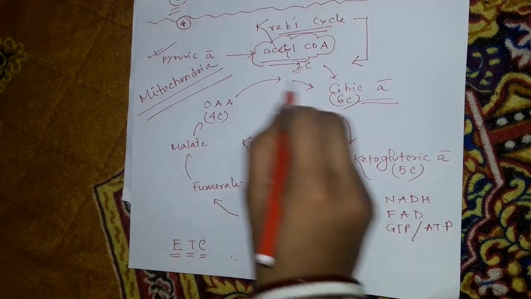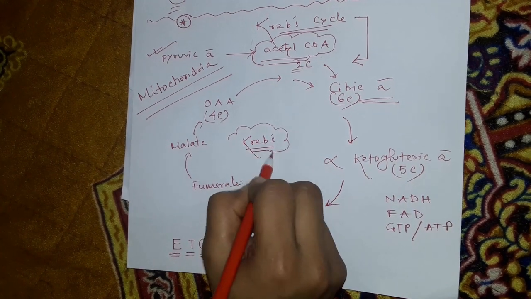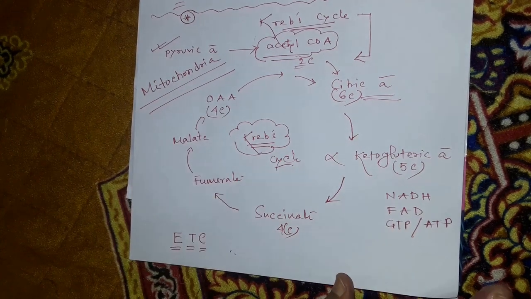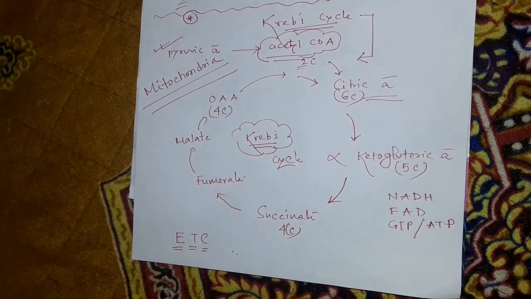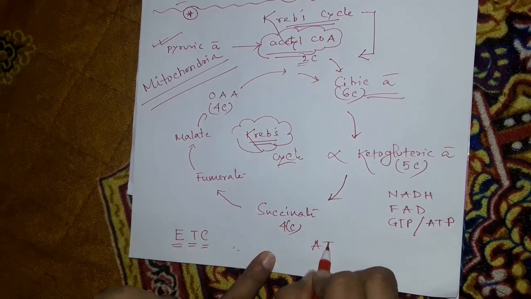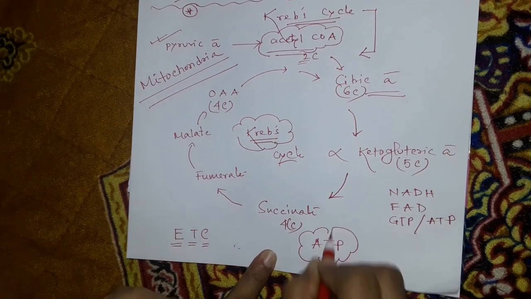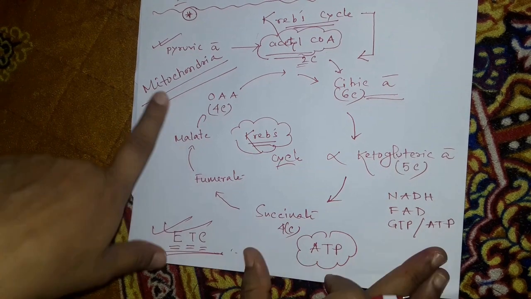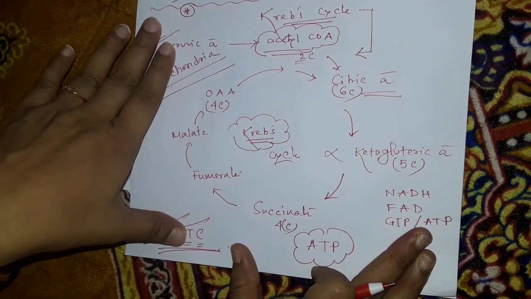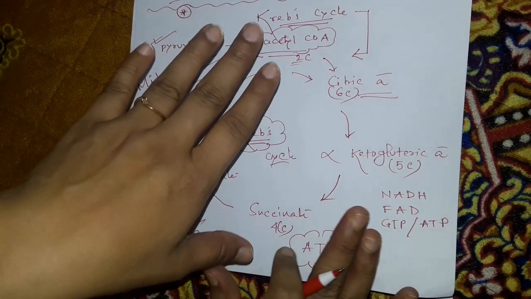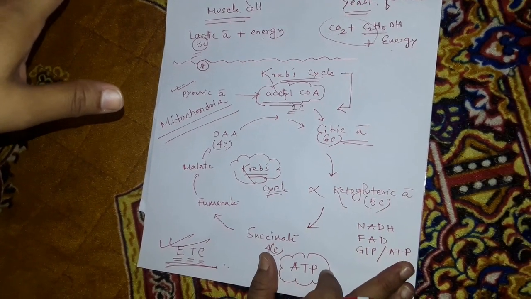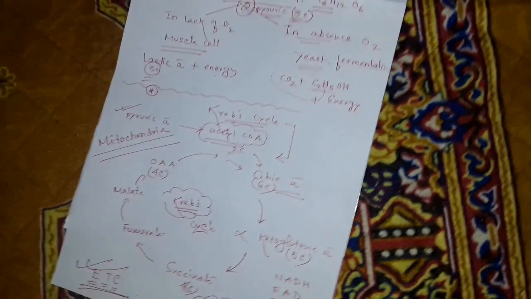Then ultimately it enters the Krebs cycle. Remember the names. You can forget many of these names. The ultimate thing is that from here we get adenosine triphosphate with the help of the ETC in mitochondria. In this way, with respiration, we get a huge amount of ATP. Okay. Now let's move to our slides.